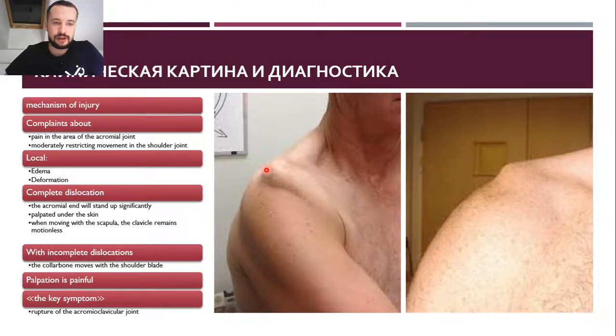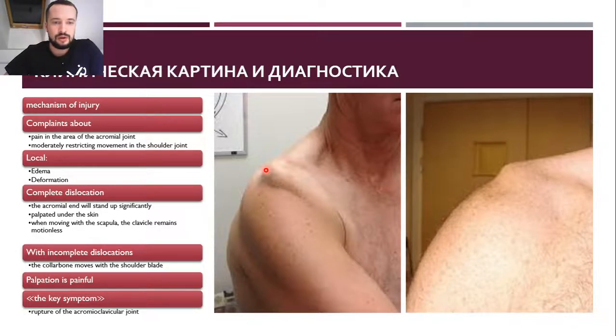With incomplete dislocations, the clavicle retains a connection with the scapula through the back clavicular ligament and moves together with the scapula. We ask the patient to do some movement of the shoulder, and we see that the clavicle goes with the shoulder, like a dance, for example. This is incomplete dislocation. Palpation is painful in all cases.